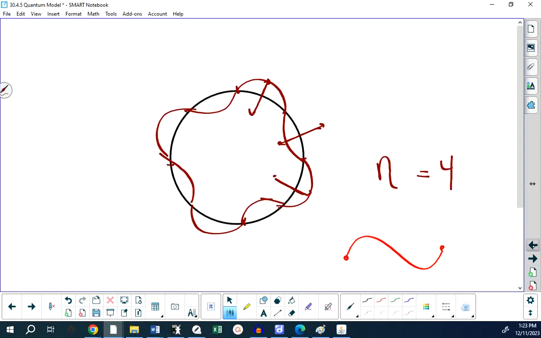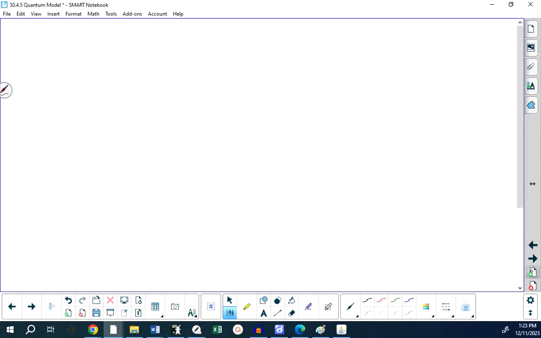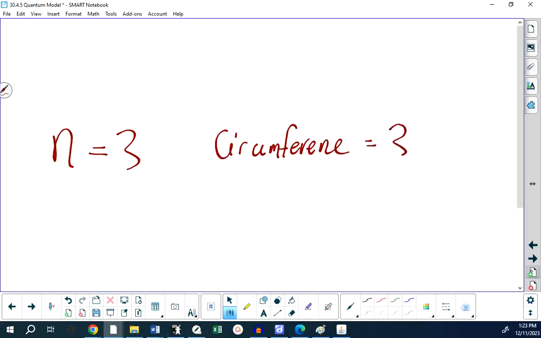And what that means is in n equals 3, the circumference is equal to 3 de Broglie wavelengths. I'm not going to try to draw 3 wavelengths around in a circle. It gets hard on my brain.